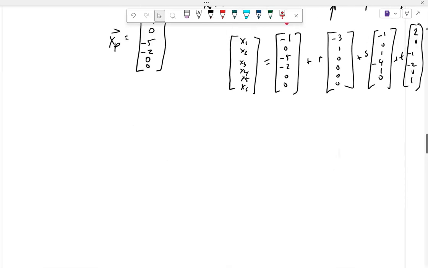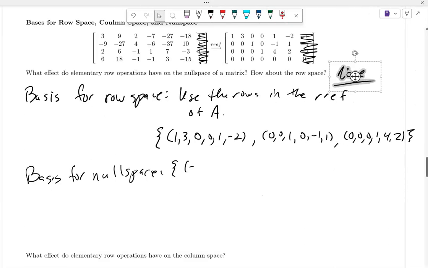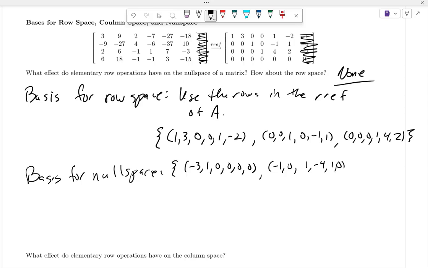So up here again, if I remember what the vectors are, we've got -3, -3, 1, 0, 0, 0, 0. And I'm just writing them horizontally. You can write them vertically if you like. It doesn't matter. What was the other one? Thank you. And the last one was... Okay. That okay?